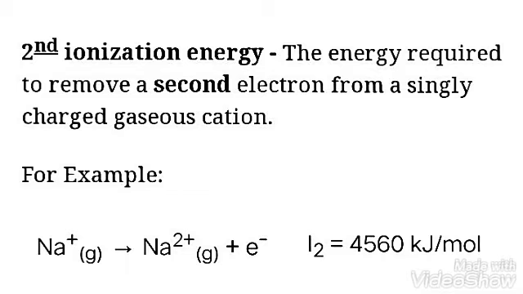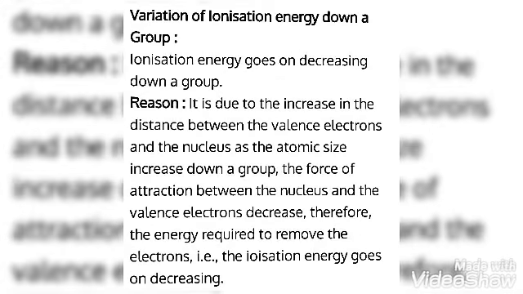The energy which is required to release the second electron from a singly charged gaseous cation is called second ionization energy. Always, second ionization energy is greater than first ionization energy due to increased nuclear charge.